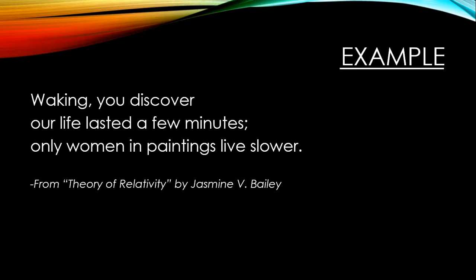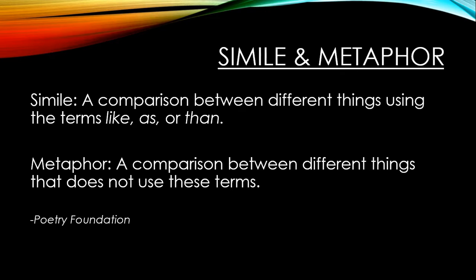Now, let's move on to some elements that poets use within their poems. The simile and metaphor. A simile is a comparison between different things using the terms like, as, or than. A metaphor is also a comparison, but it does not use these terms.